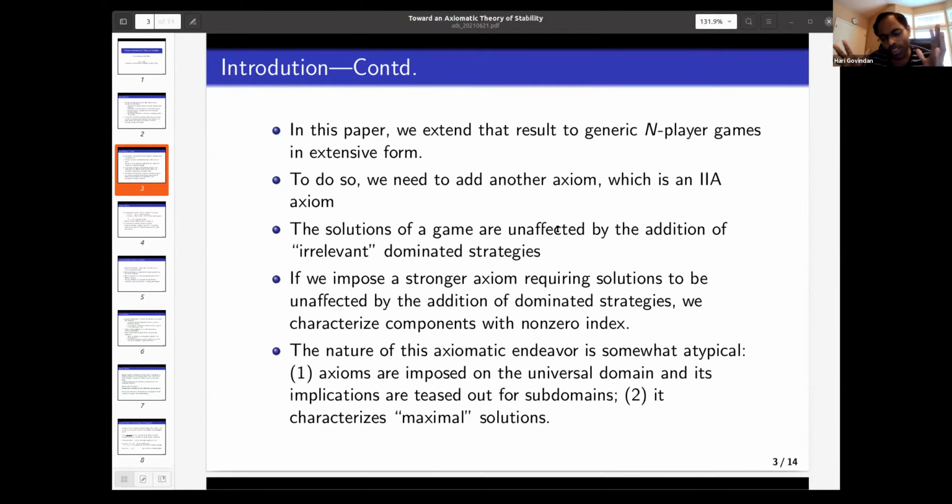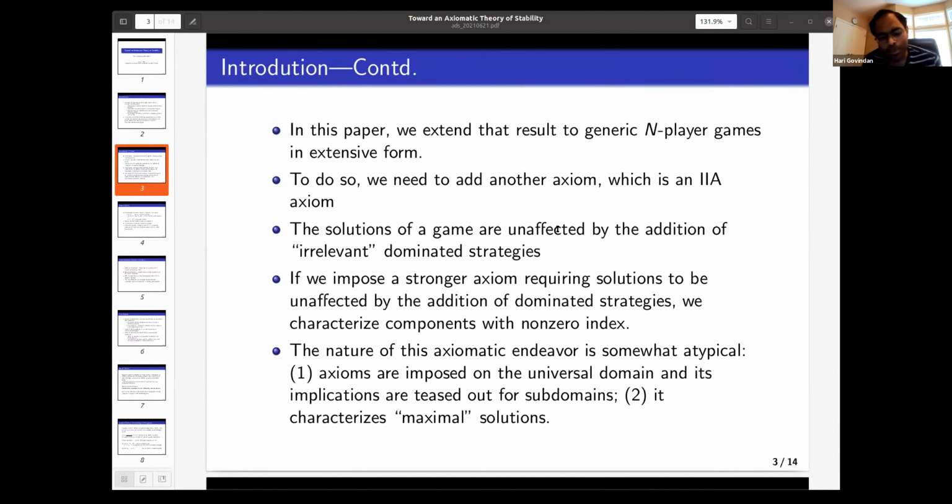The first one is that the axioms are imposed on a universal domain of all finite games. So I have a domain gamma, which is the domain of all games, and then I'm looking at a subdomain gamma zero, and I'm saying if the axioms are imposed on gamma, what does that mean for games in gamma zero, which is a strict subset of gamma.